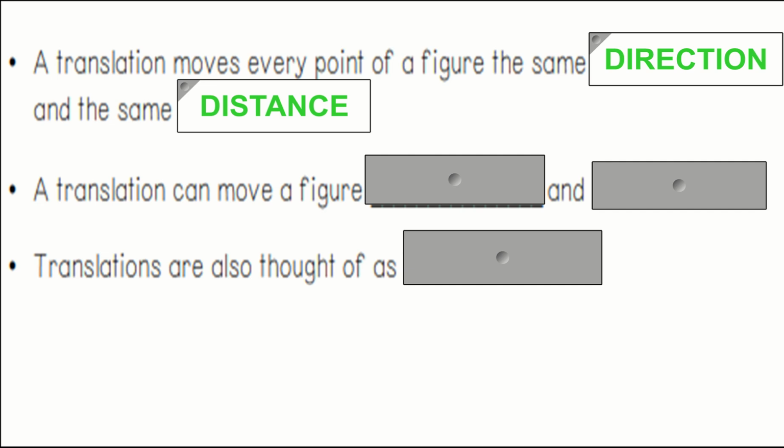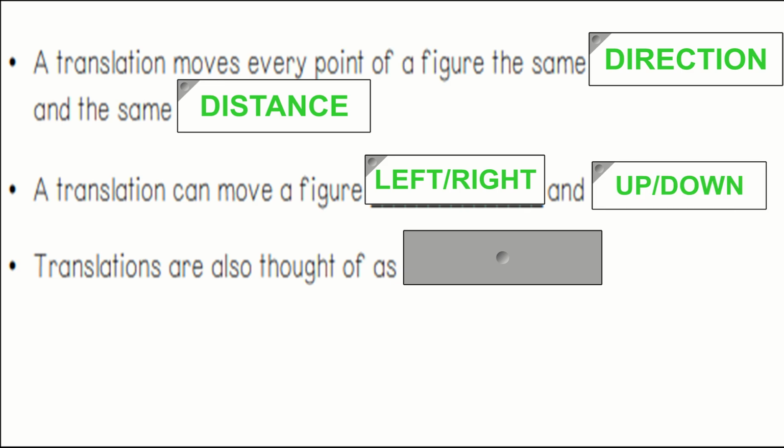The figure can move up and to the left, left and right, down, or up and to the right.